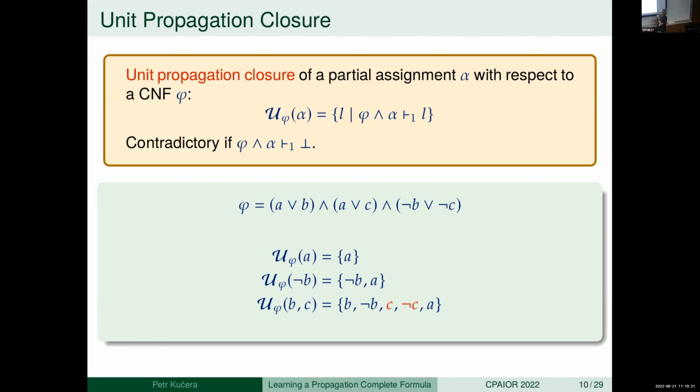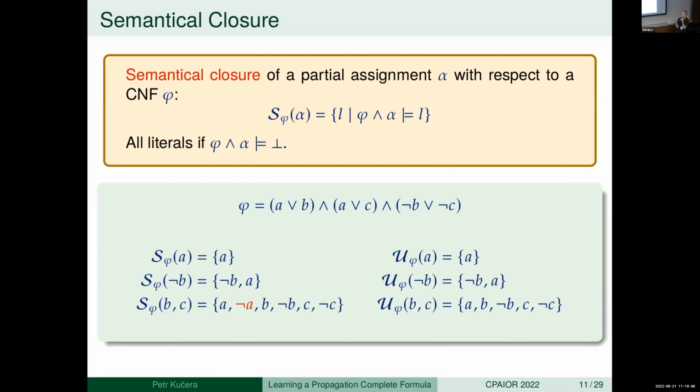And if we consider B and C, then we can derive B, non-B, C, non-C, and A. And for example, C and non-C means that this set is contradictory, because actually this would derive a contradiction. So this would be an inconsistent partial assignment.